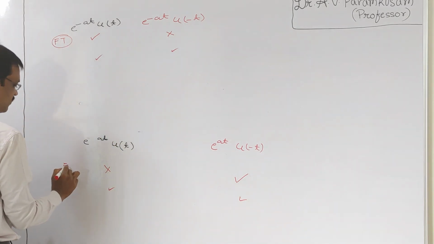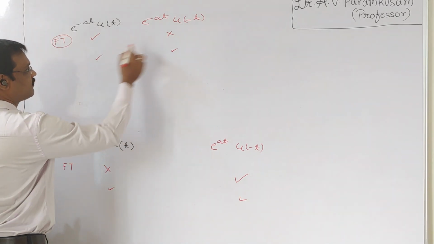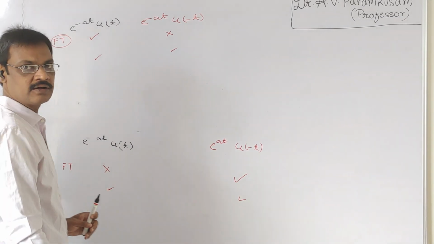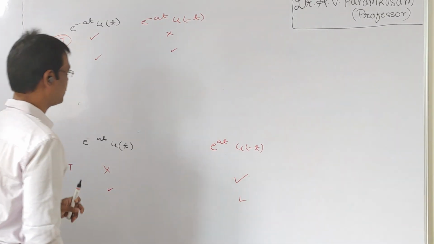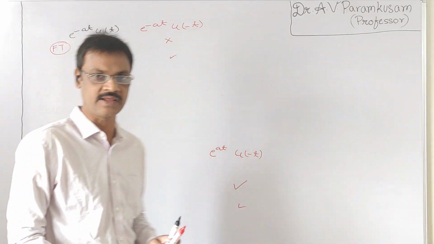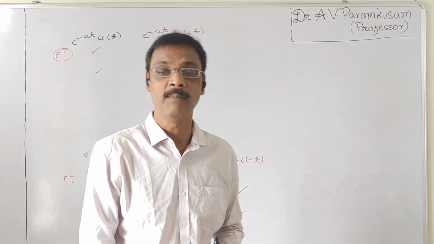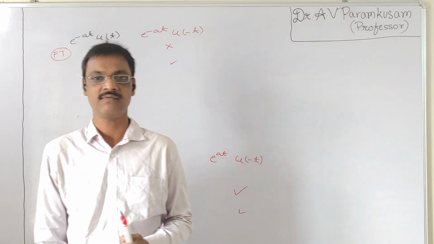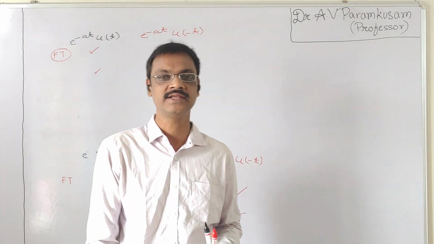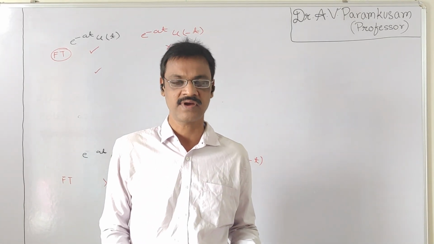Here, the Fourier transform does not exist for some signals and it exists for some other signals. But the Laplace transform exists for all the signals, but with some conditions. What are those conditions? Those conditions are given by the region of convergence.